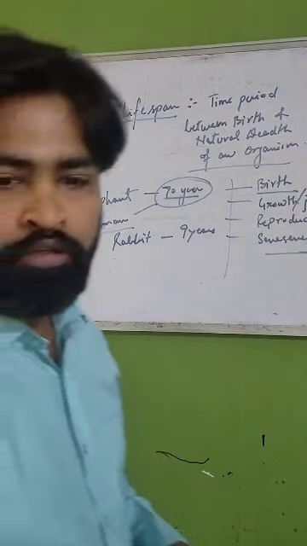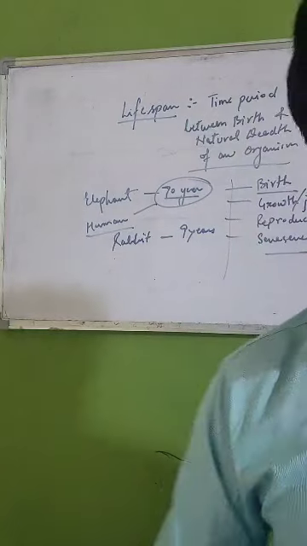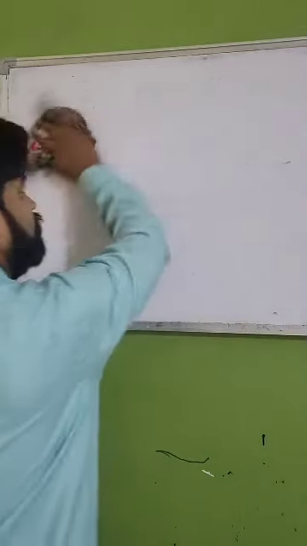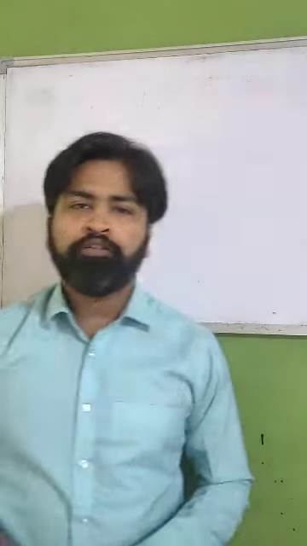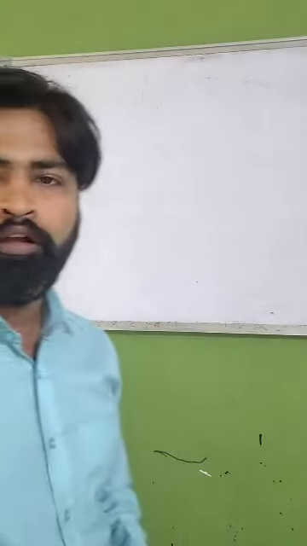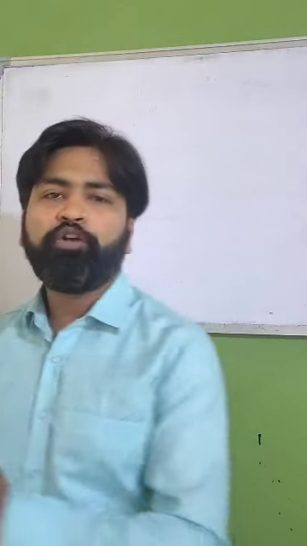So now we are going to discuss asexual reproduction. As I have already told, it is a type of reproduction in which an organism is capable enough to reproduce without the help of any other organism.